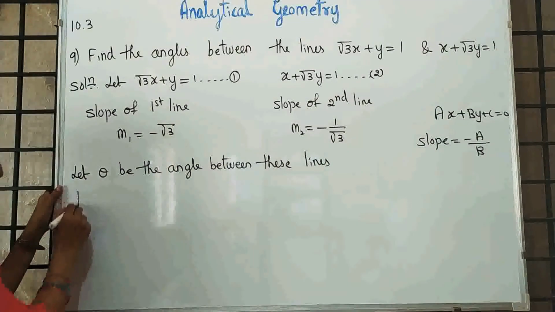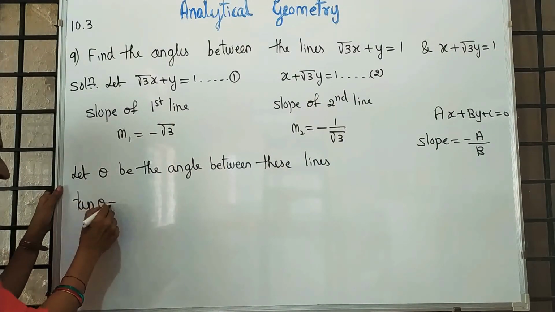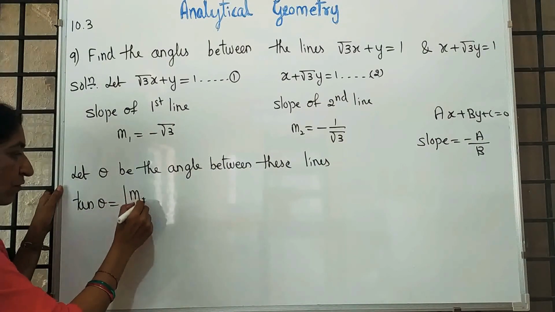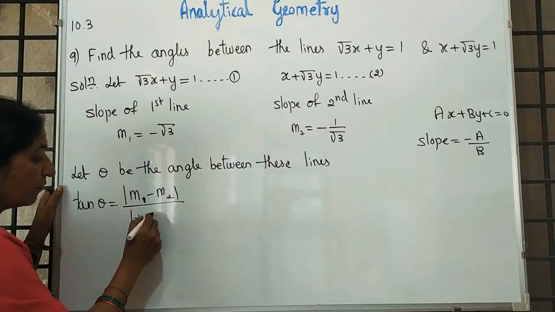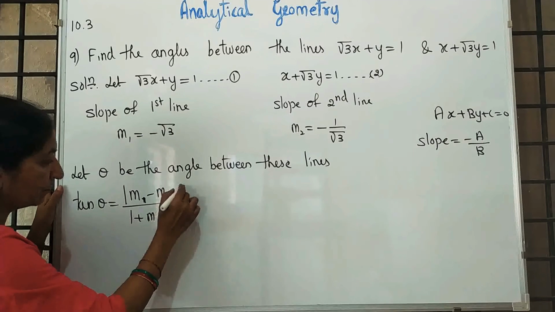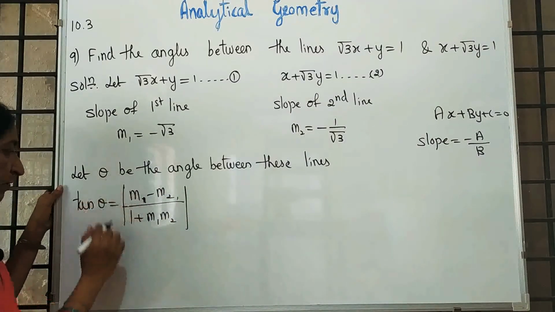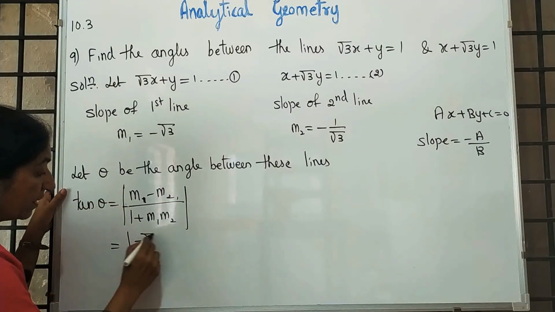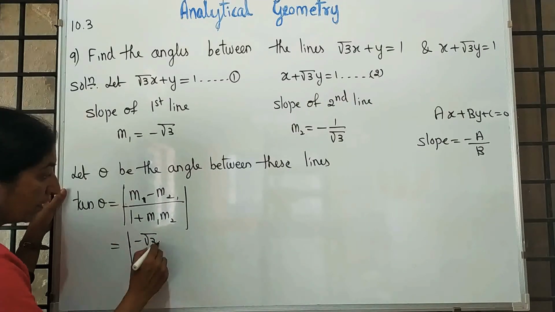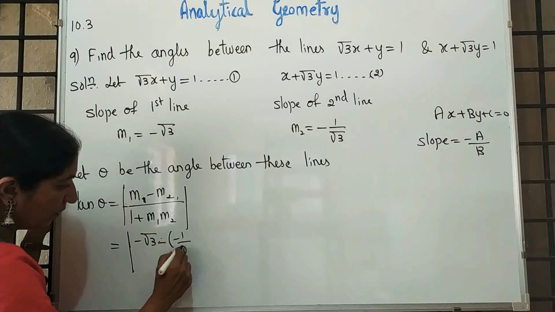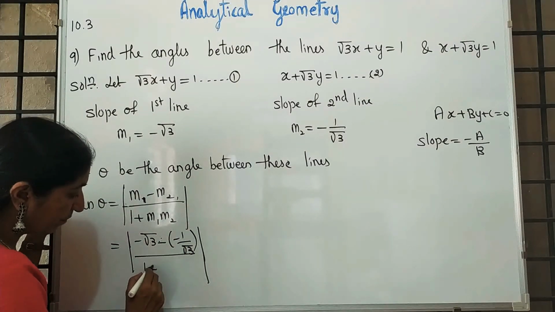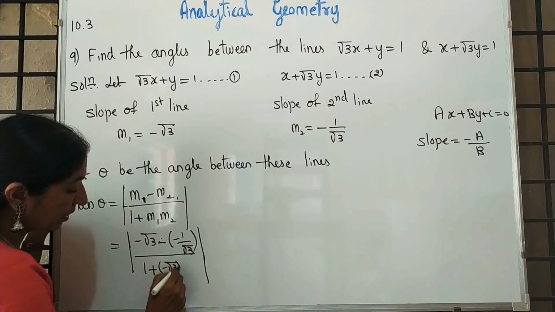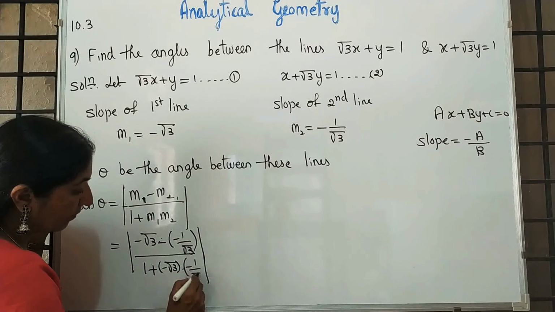Then what is the formula? Tan theta is equal to modulus of m1 minus m2 upon 1 plus m1 into m2. Write down the values. m1 is minus root 3 minus of minus 1 by root 3, whole divided by 1 plus minus root 3 into minus 1 by root 3.